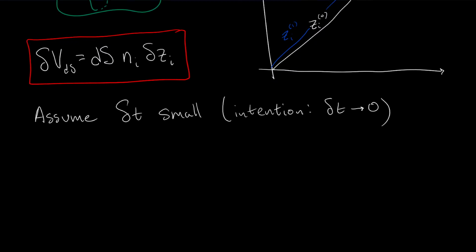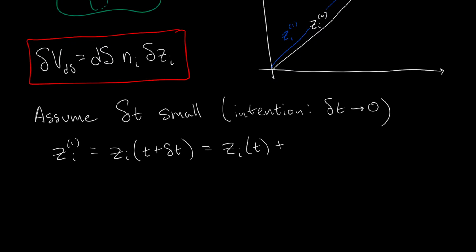So if delta t is small, then my delta z_i, well, I can say that my z_i^1 is z_i at t plus delta t, which means I can expand in delta t, which just gives me z_i of t plus delta t times z dot_i of t.